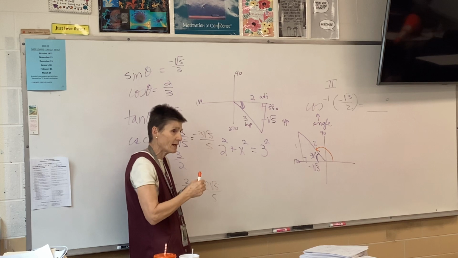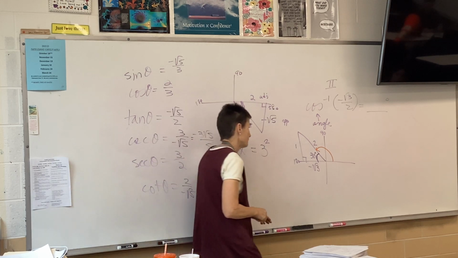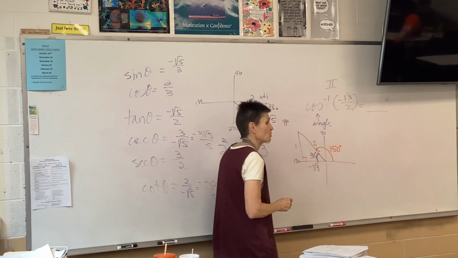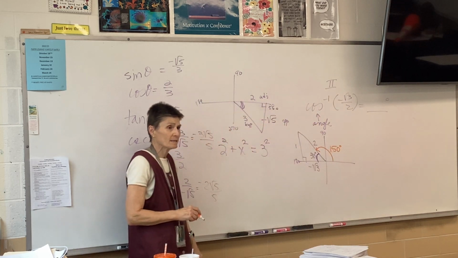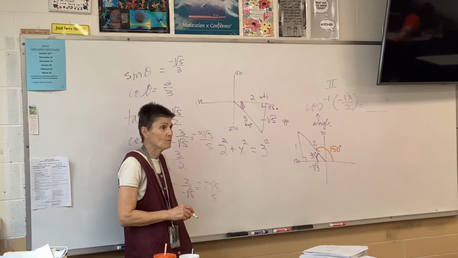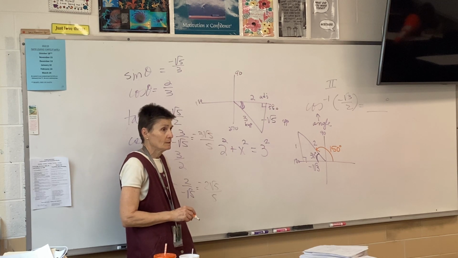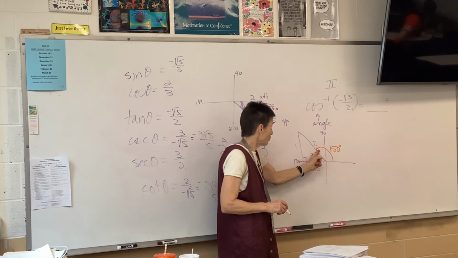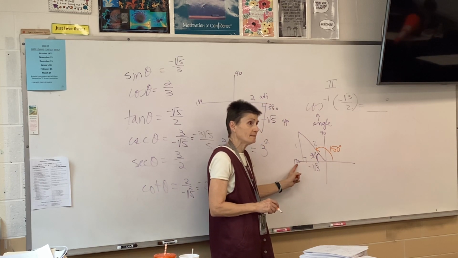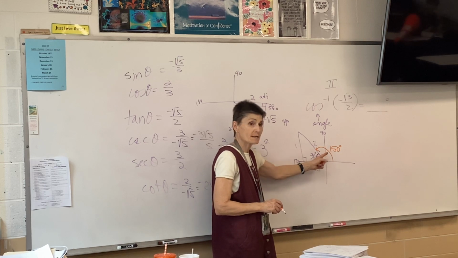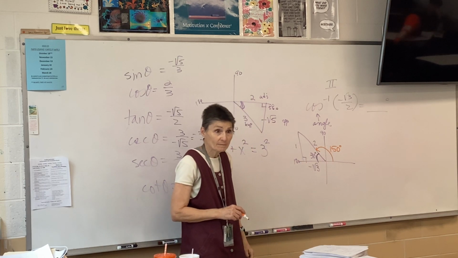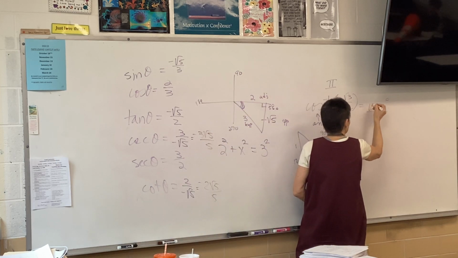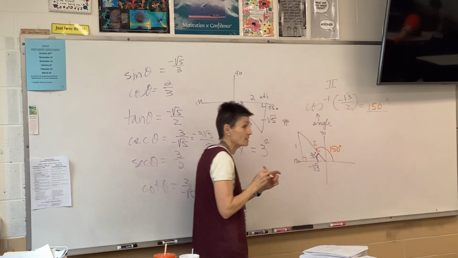How big is it, Giovanni? 150. I want you to look at that picture. Does 150 make sense to you? This is 180. If I had orange and purple, shouldn't I get 180? If purple's 30, doesn't orange have to be 150? And that's the answer to the question. So when you answer the question, it's 150 degrees.